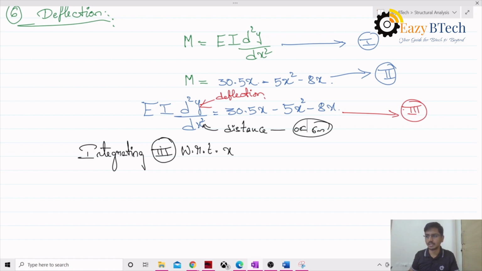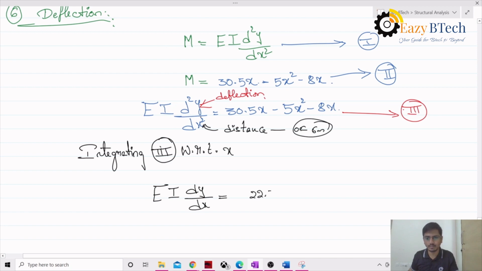When we integrate, we get EI dy by dx equals 22.5 x square by 2 minus 5x cubed by 3 plus C1.